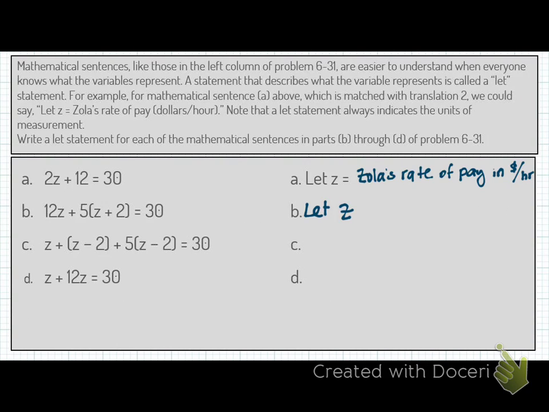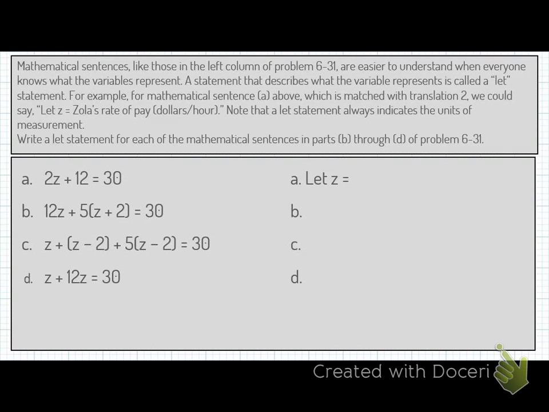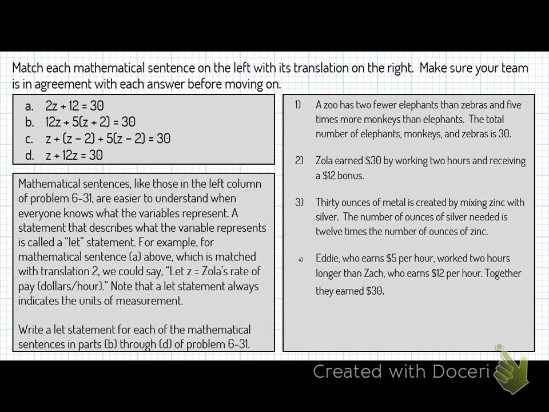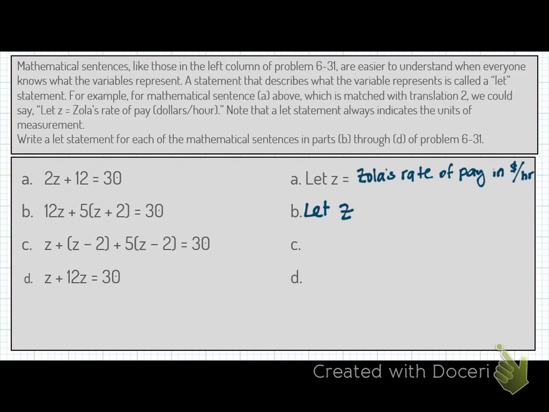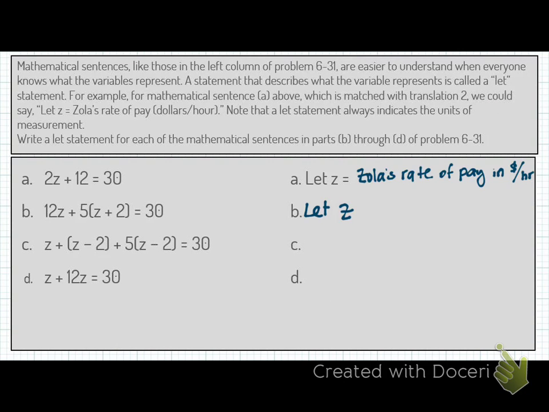Okay, so what is Z equal to? Whose rate of pay? Who? What do y'all think? Eddie or Zach? Who earns the $12 per hour? Zach does, right? So who's earning $12 here? So what is Z equal to?